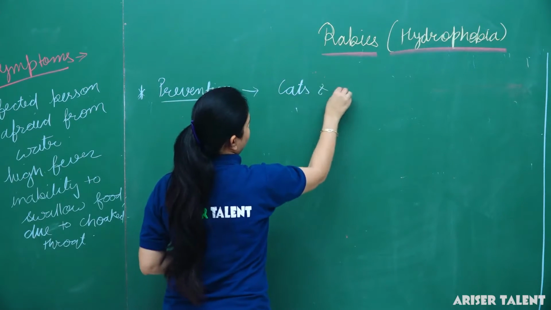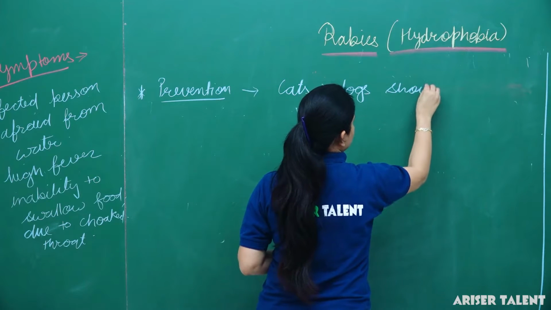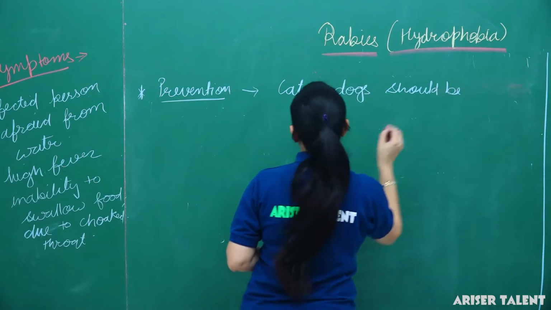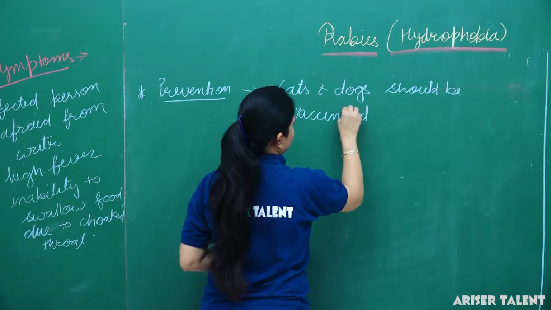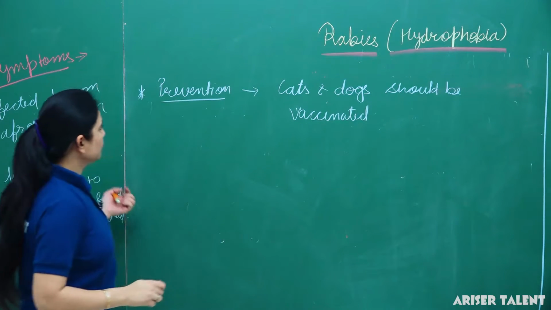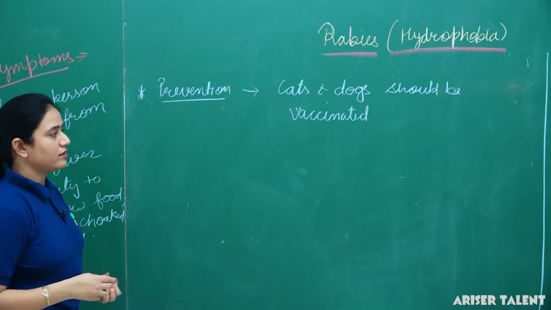So this is the main prevention, that animals like cats and dogs should be vaccinated.